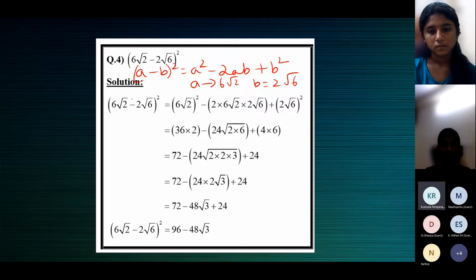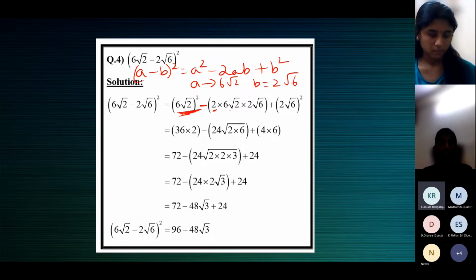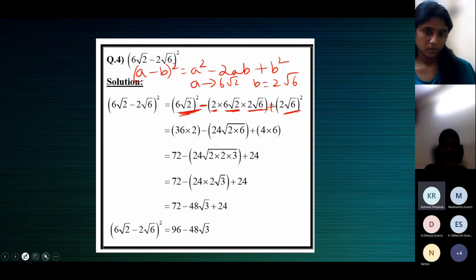Now what is a minus b the whole square? A square, 6 root 2 the whole square, minus 2ab, that's the identity, 2 into a into b, plus b square. We're getting all the signs from the identity.